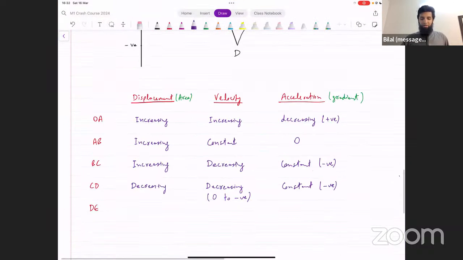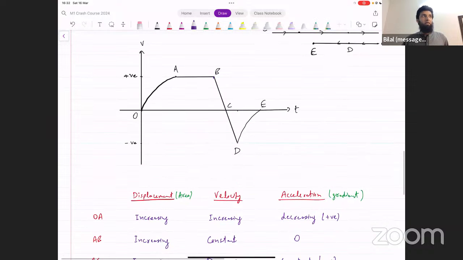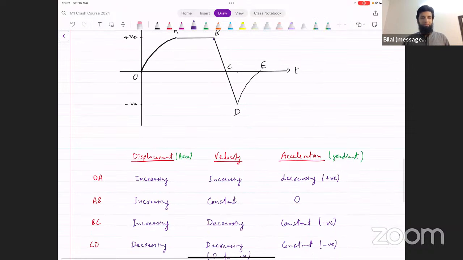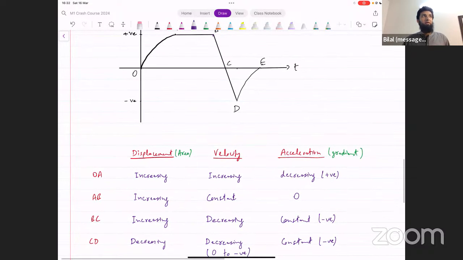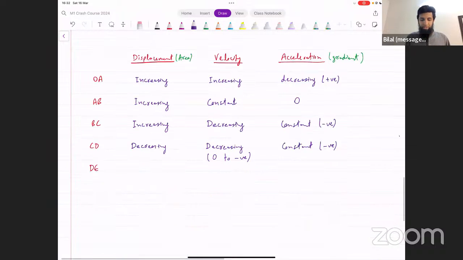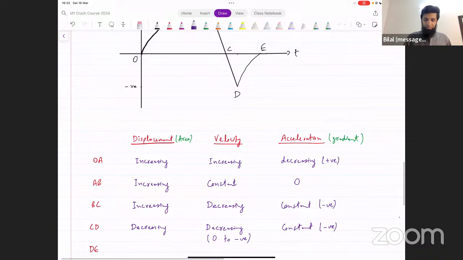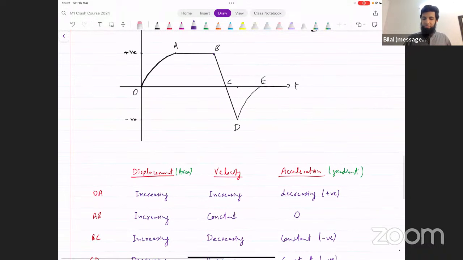Okay, let's look at the DE part of the graph. So what's happening in this part? Displacement is going from negative to 0, right? It's going from negative to 0.